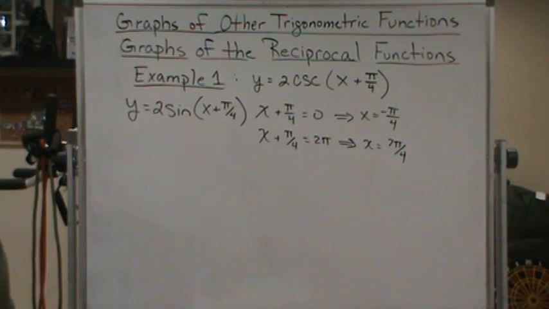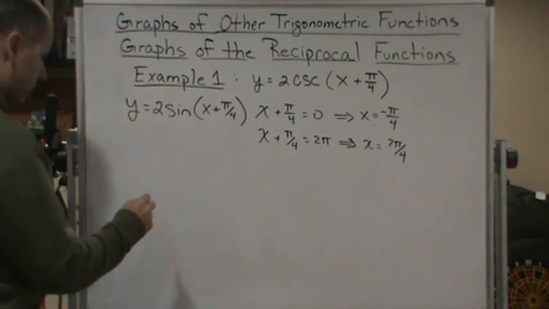Okay, so now that we've got those, we know that one cycle of the sine function goes from negative pi over 4 to 7 pi over 4.